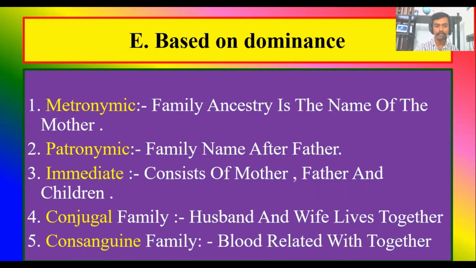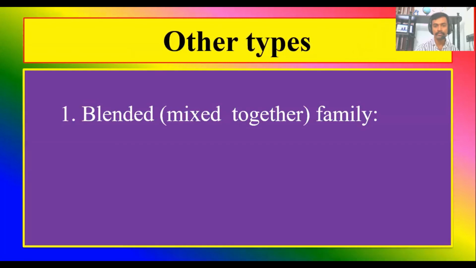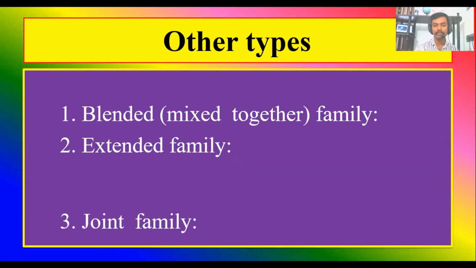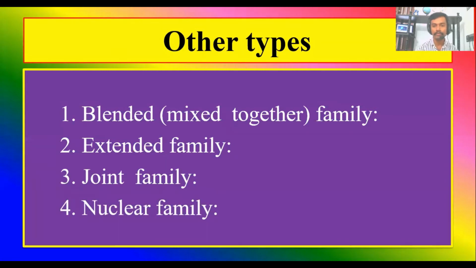So these are the different classifications on dominance, mainly concerning woman dominated, men dominated, or equality in the family. Then other types: blended family, extended family, and joint family, as well as nuclear family.